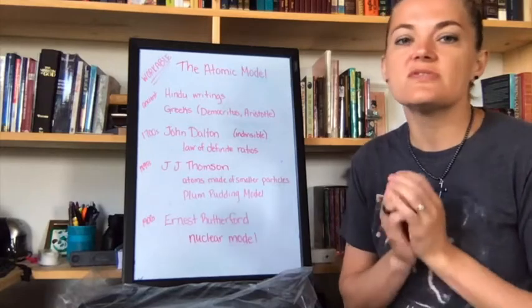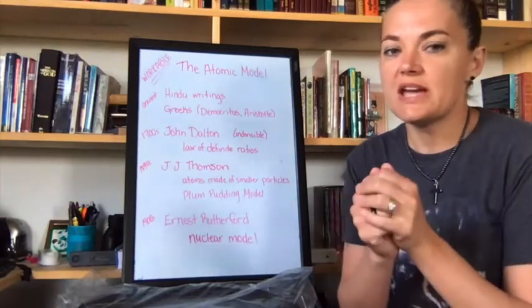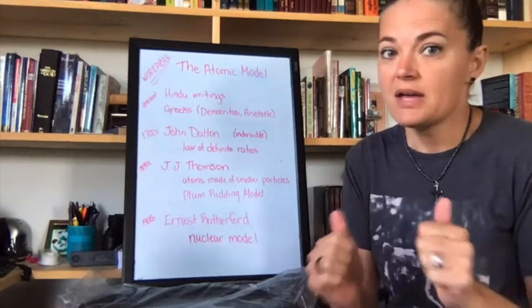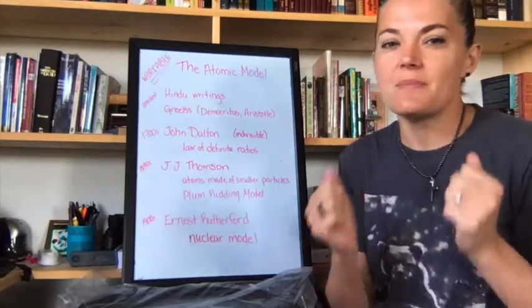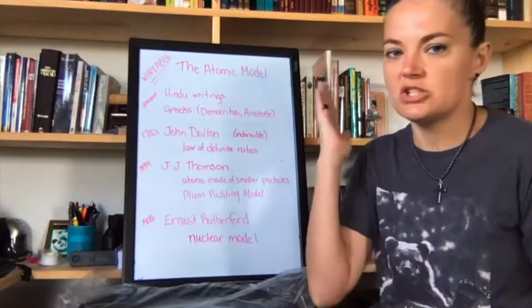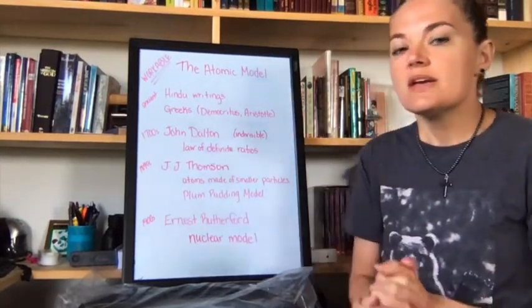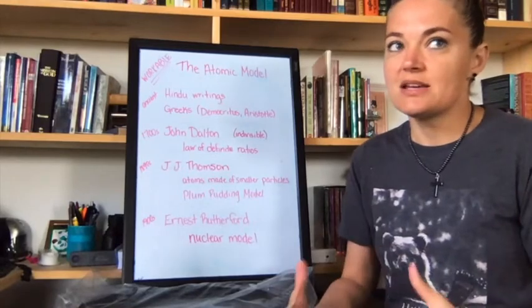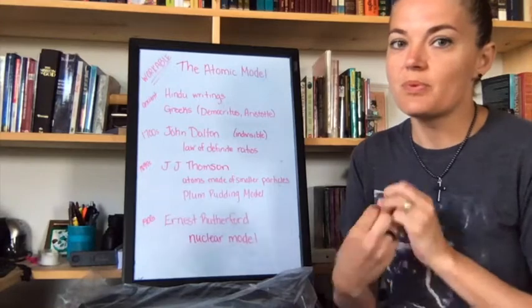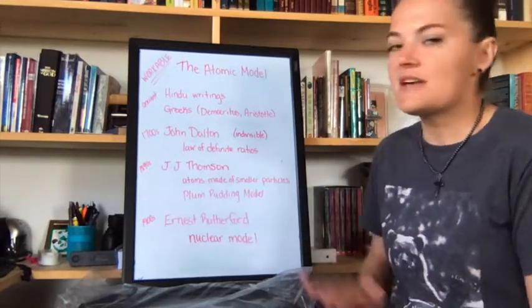So if you were to divide water, you would get oxygen and hydrogen every time, and that it was the same amount. Every time you divided a water molecule, you would get 1 oxygen and 2 hydrogens. So he began to understand that molecules were made of a base atom or a couple of base atoms. So that was the law of definite ratios.